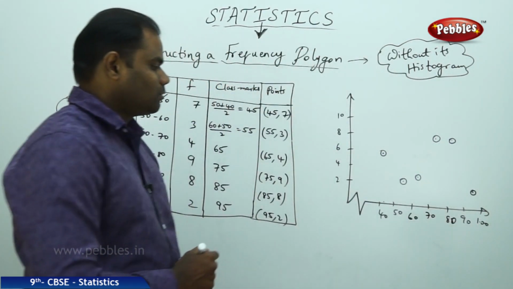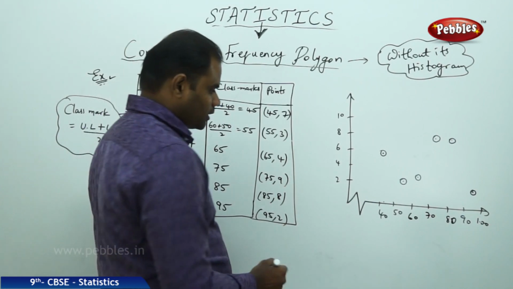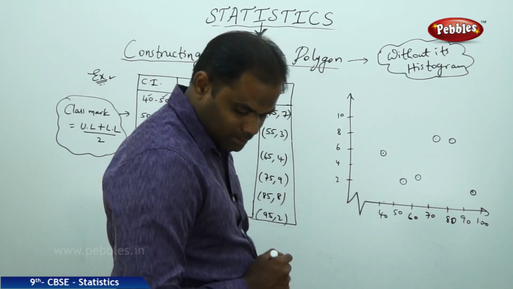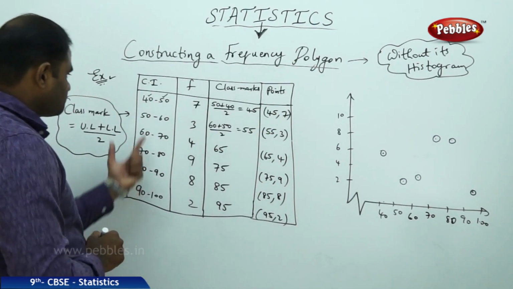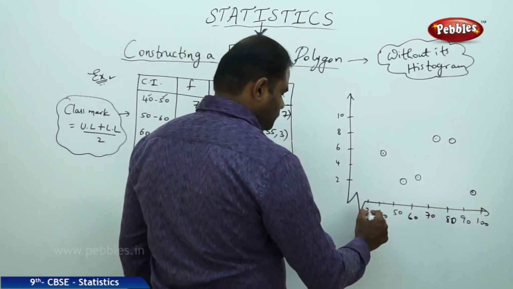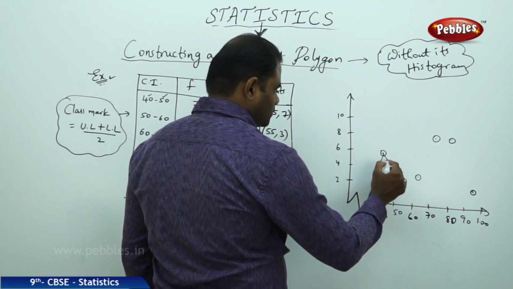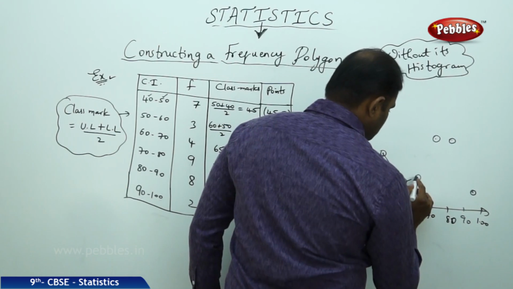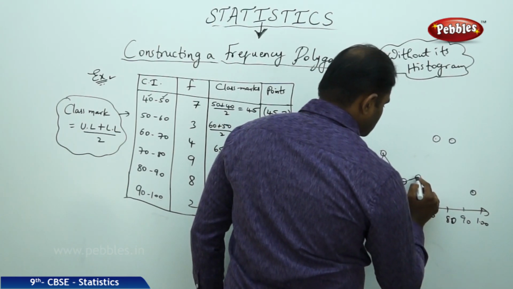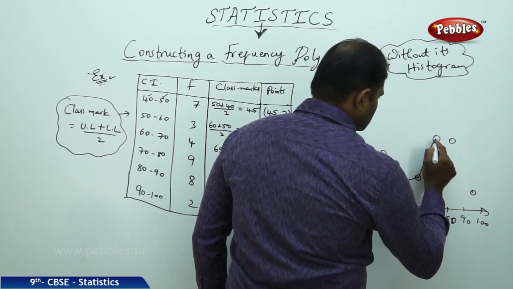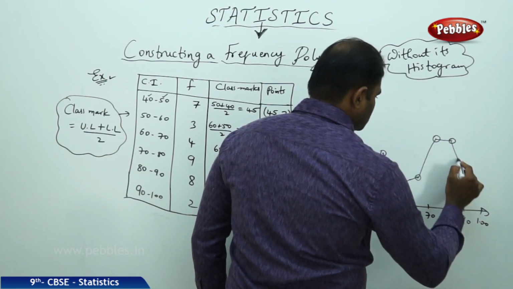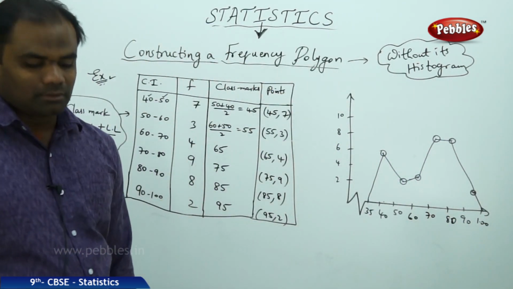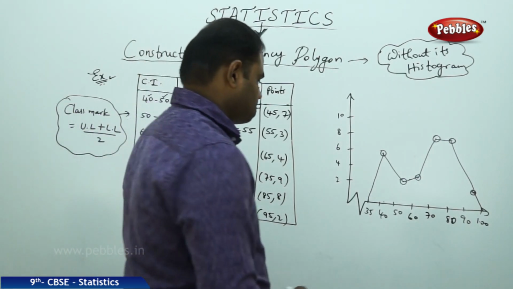Now it's about continuously joining each of the points. So I start from the least value, which is out here, somewhere I have 35, which I pick and join. I get a polygon which is called a frequency polygon.